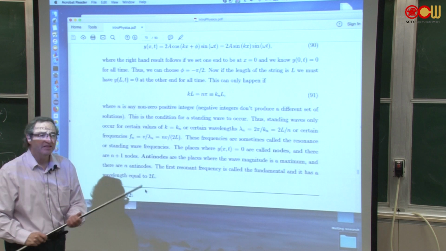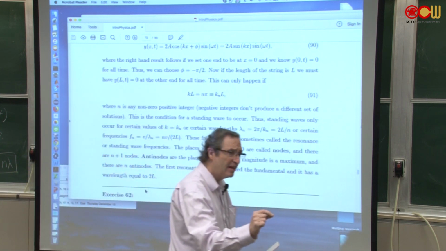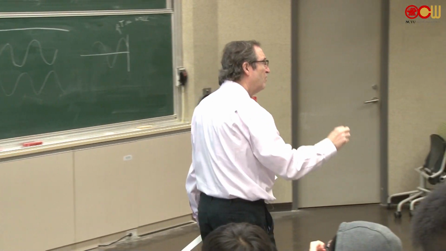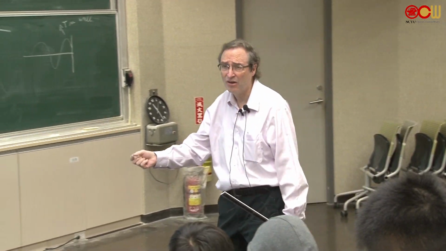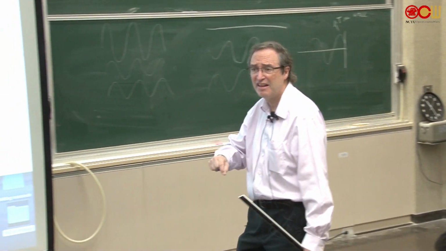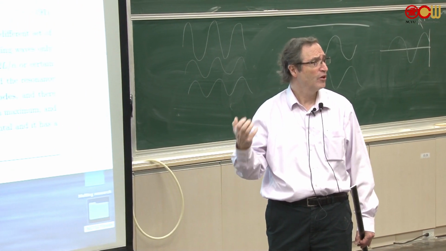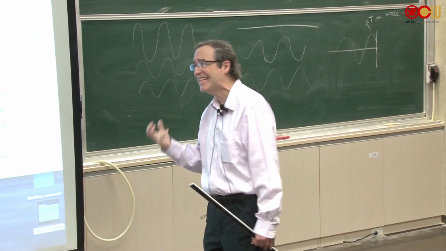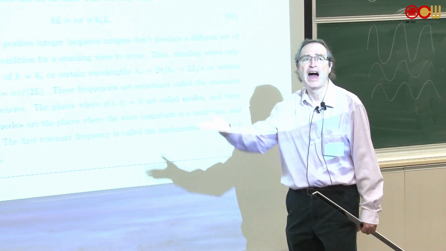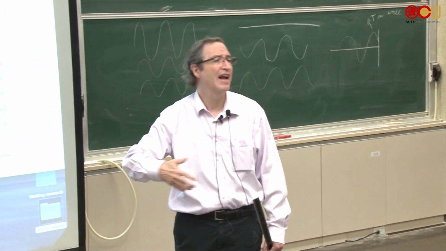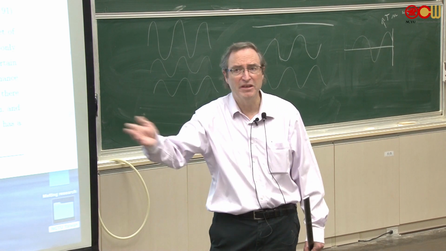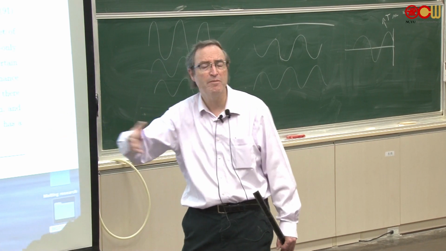Okay? So this is how on a violin, or a cello, or a viola, or a bass, or a piano, or a guitar, you get different frequencies. Because the standing waves have a higher amplitude than other things. The other waves will kind of cancel out, because there'll be so many different ways in which they move.